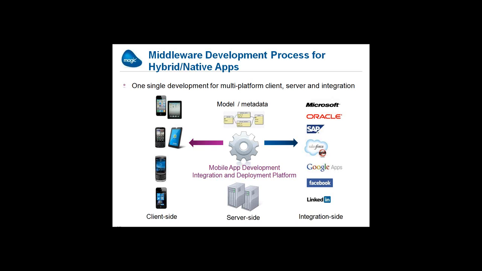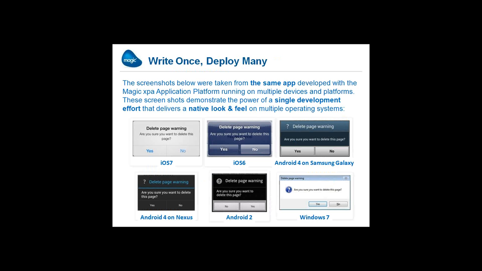So with the environment that we're offering, you then have sort of a many-to-many approach, where on the right side you can integrate to any of the various applications and social media and cloud environments that are out there, and then on the left side to the multiple kinds of mobile devices and clients, whether it be tablets or smartphones, whether it be Apple or Android, and so on.